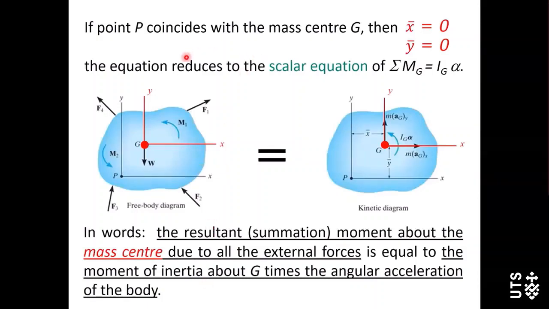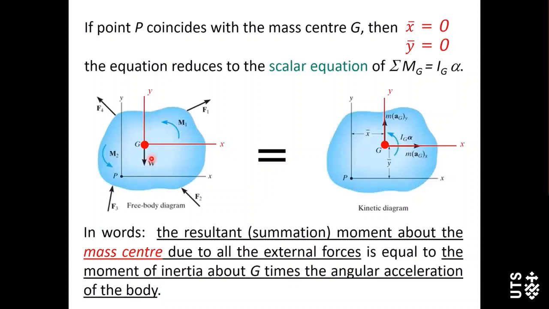We can select a point P to do the calculation, but in many cases, we actually can select mass center point G to calculate the moments. If we select a point G, then we will set point G as the origin of the coordinate system xy.